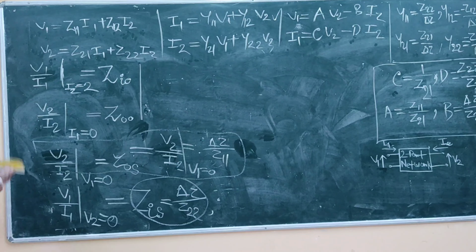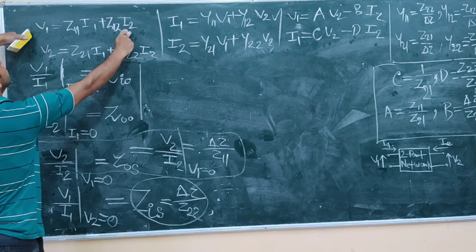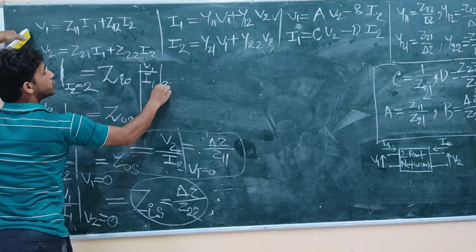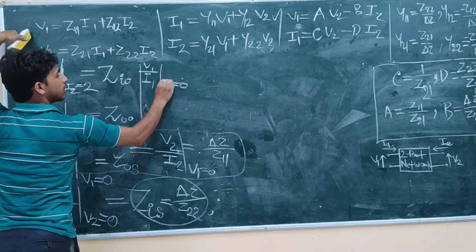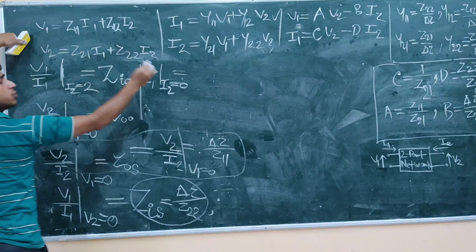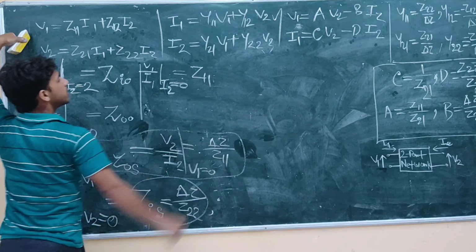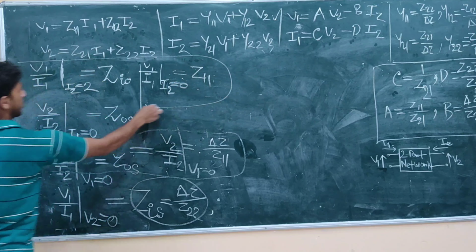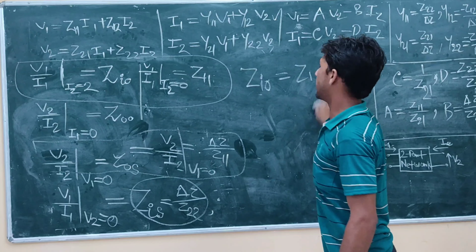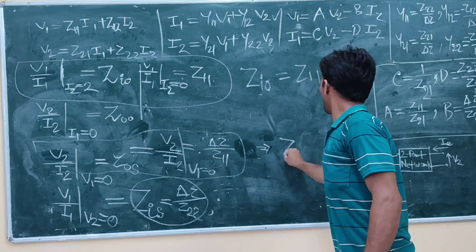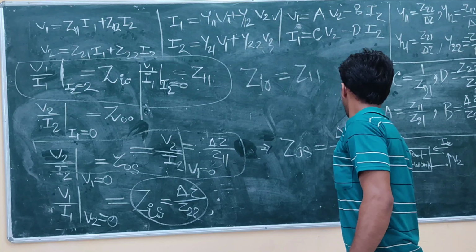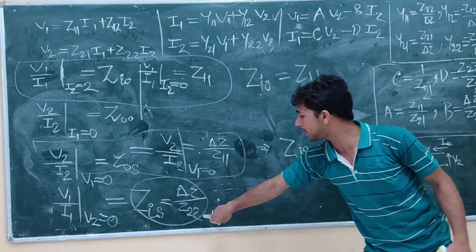If you consider the first equation and take I2 equals to 0, you will get V1 divided by I1 when I2 equals to 0, which is nothing but Z11. So ZIO is nothing but Z11. And from this equation, ZOS is nothing but delta Z by Z11. Similarly, here ZIS is nothing but delta Z by Z22.